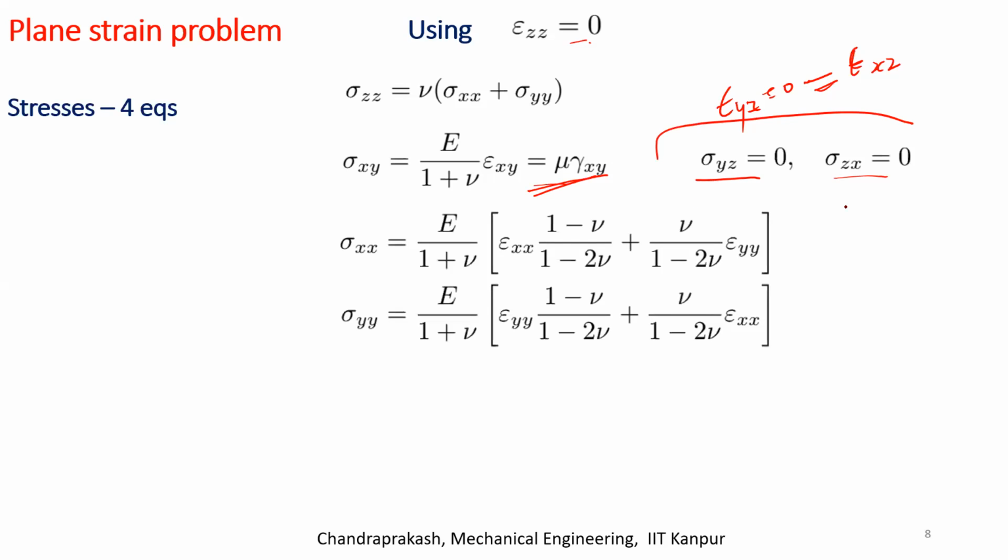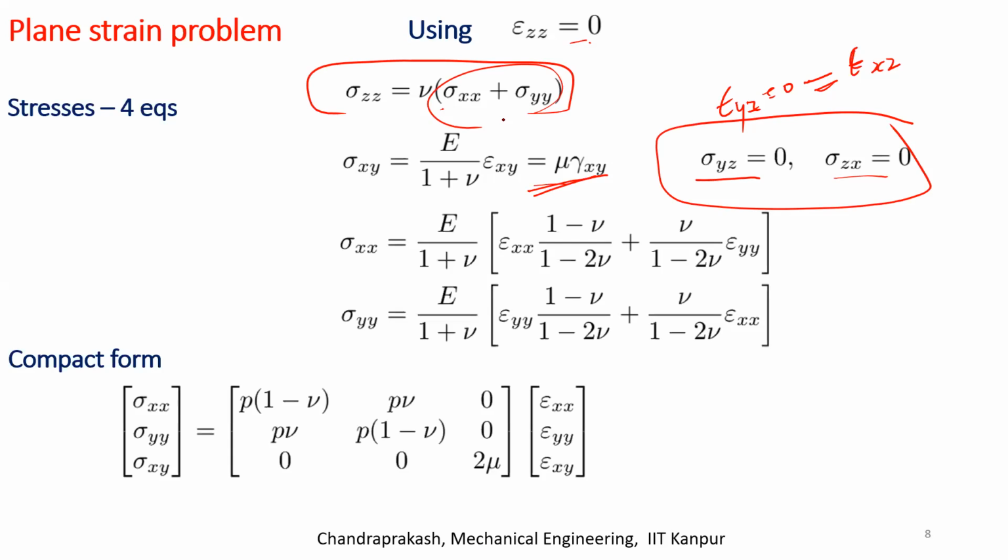Now you know that these components are 0 and the normal component can be evaluated once you know these two in-plane normal components, right? So people put it in a more compact form, which is in matrix style this way. So in the plane, you have two normal components and one shear component, right? And those you can write in terms of the components of strain which are relevant to the plane.